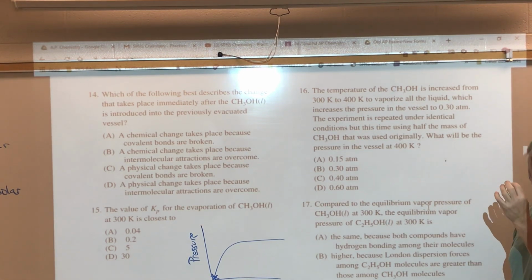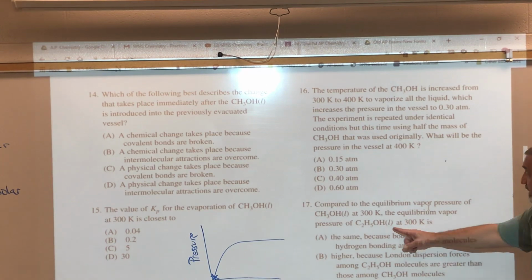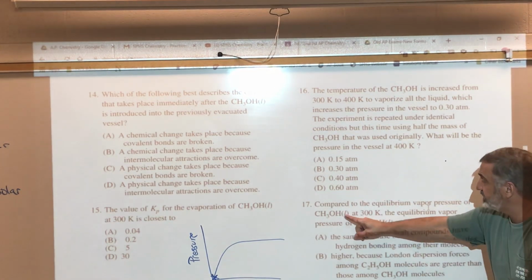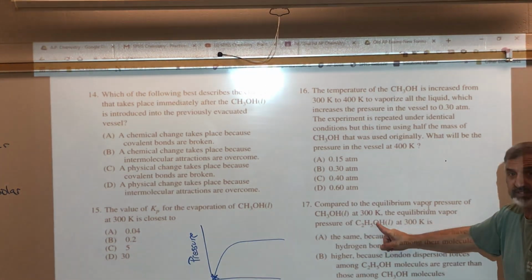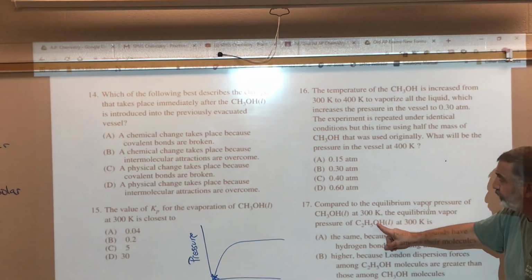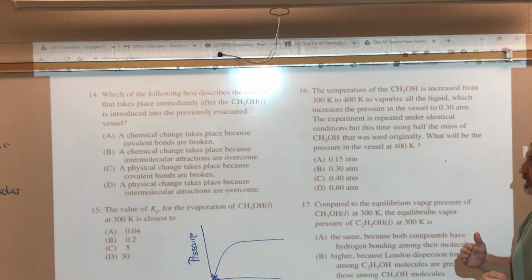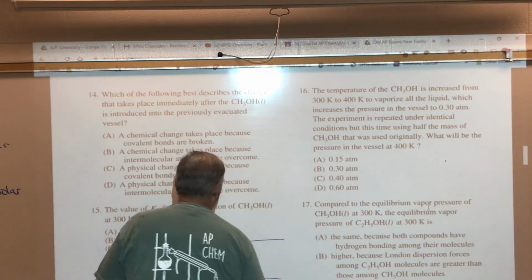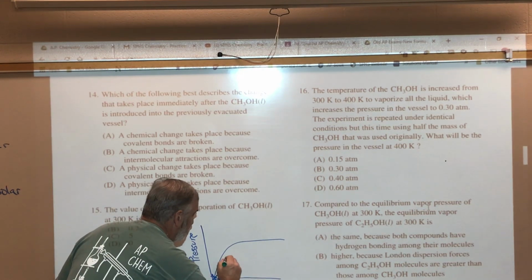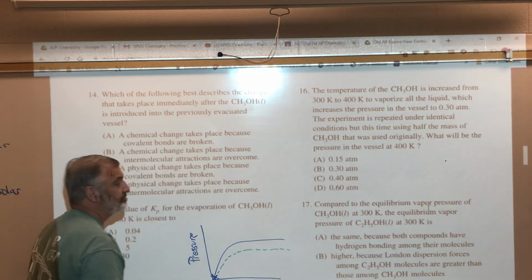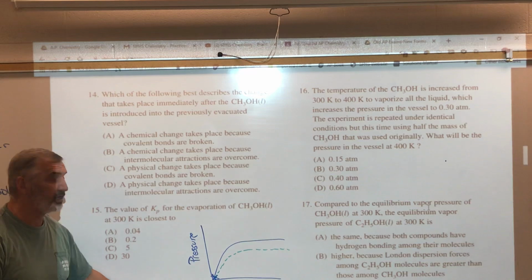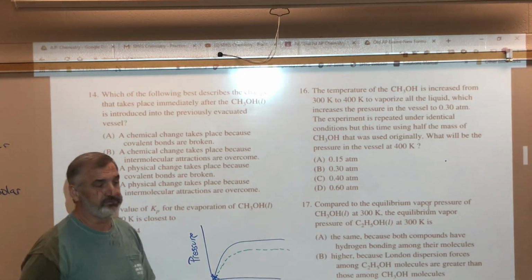As the strength of the IMF increases, so this has bigger London forces, so it's stronger IMFs in C2H5OH. Therefore, it's going to have a lower vapor pressure and a higher boiling point. So on our graph, the ethanol is going to look like that. It's going to have a lower vapor pressure.